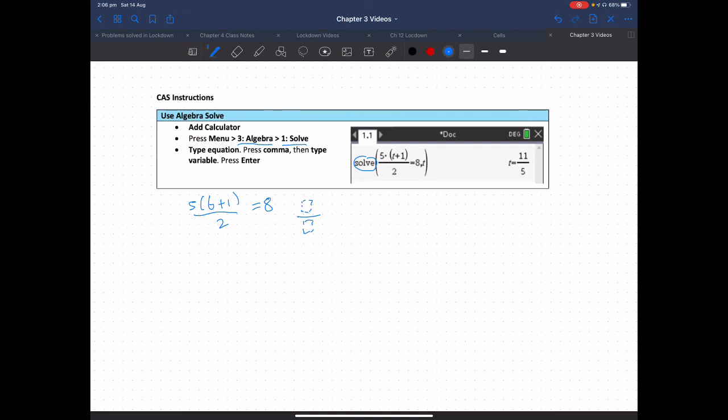In the top line, we then type in 5 bracket t plus 1, and in the bottom line of the fraction, the 2. Use the arrow key to move out of the fraction and type in equals 8. Now we have to tell the calculator what to solve for, so we then put in a comma followed by the letter, which was t, press enter, and it will give the answer.